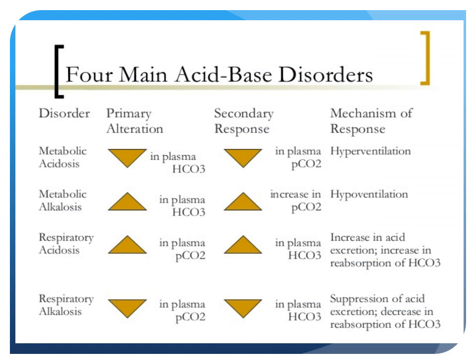And how does it happen? What is the mechanism? There will be a suppression of acid excretion, H plus excretion suppressed, and there will be a decrease in reabsorption of bicarb. The bicarb will not be reabsorbed. It will be excreted.